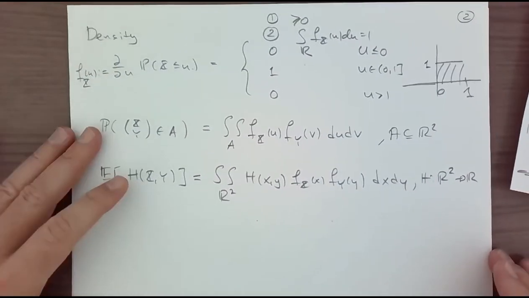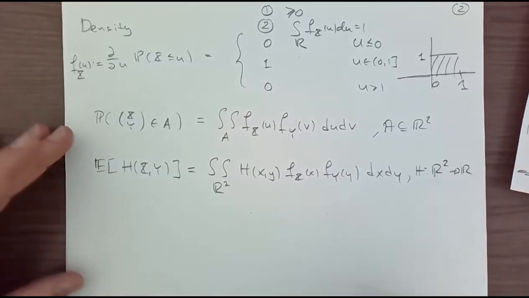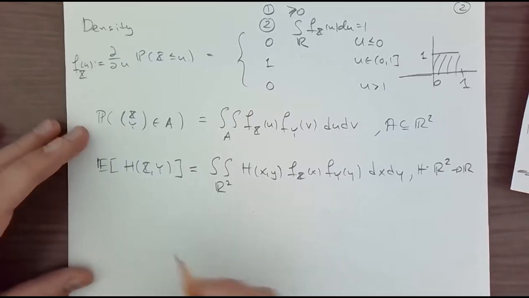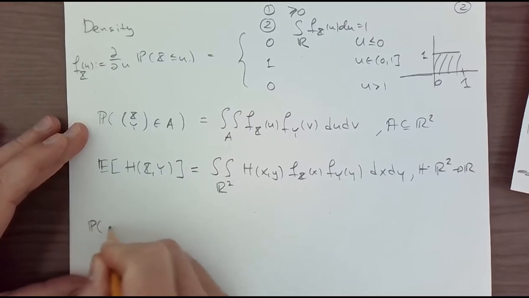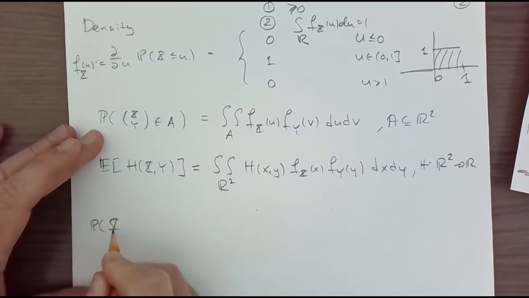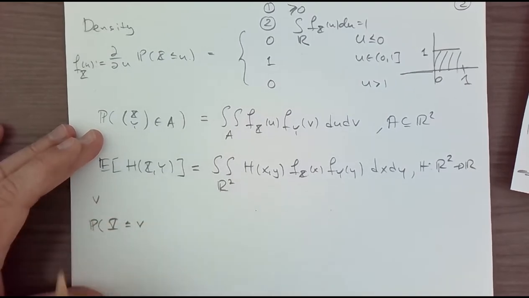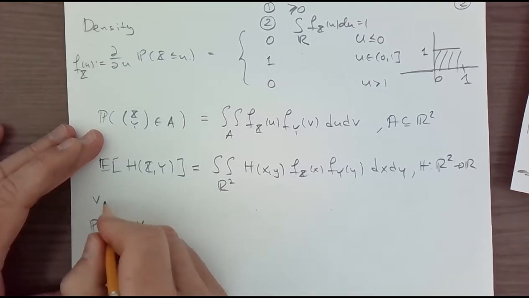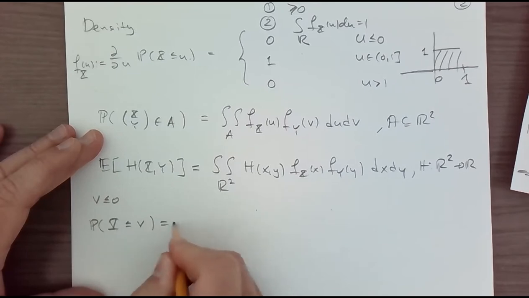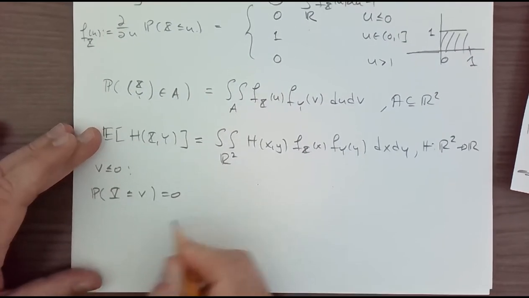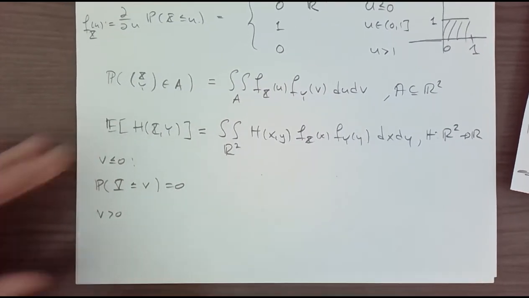So let's see what we get. We're interested in the probability that V, the random variable, is less than some little number v. And when v is negative, this is equal to 0. So we want to consider v positive.